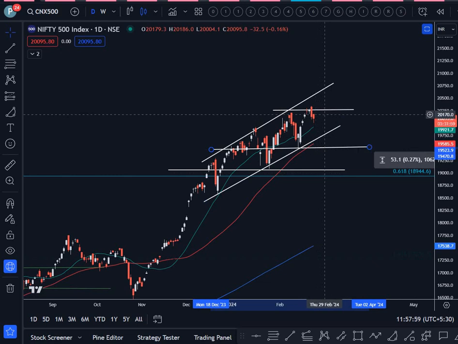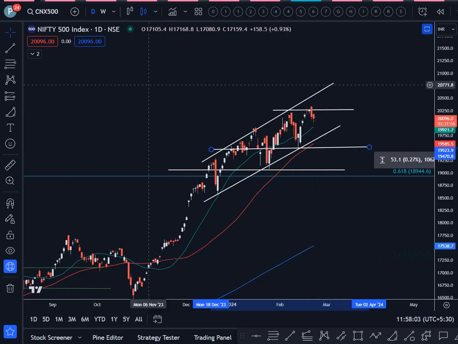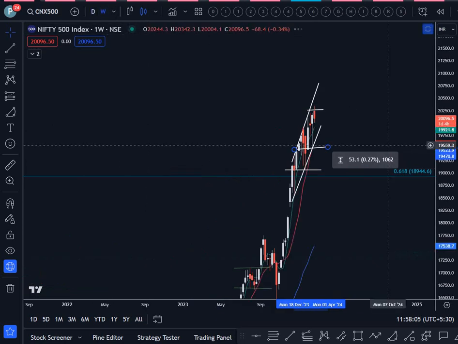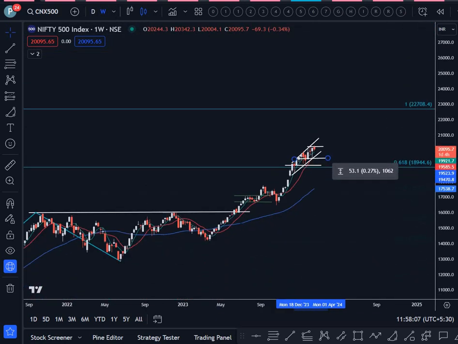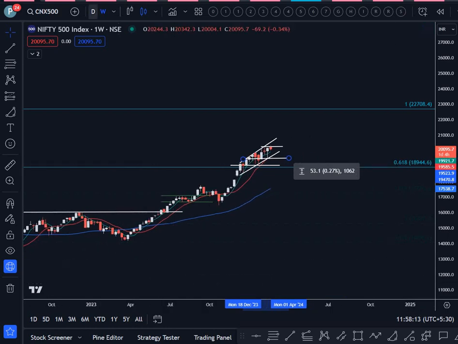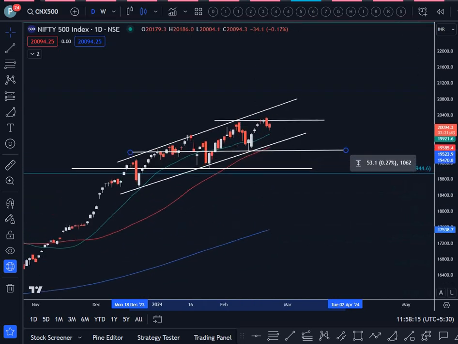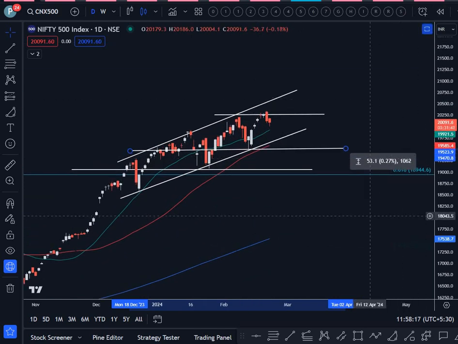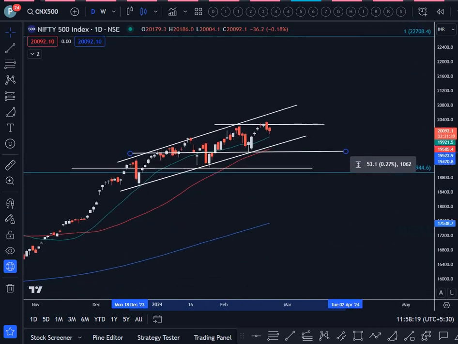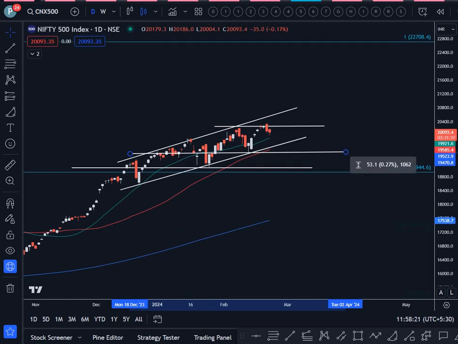So there's a fair bit of support coming up for Nifty 500, and I don't see a major worry because Nifty 500 is in a clear uptrend. So we might see a bit of a consolidation or a temporary correction as I was showing you, and post that Nifty could again resume its uptrend.